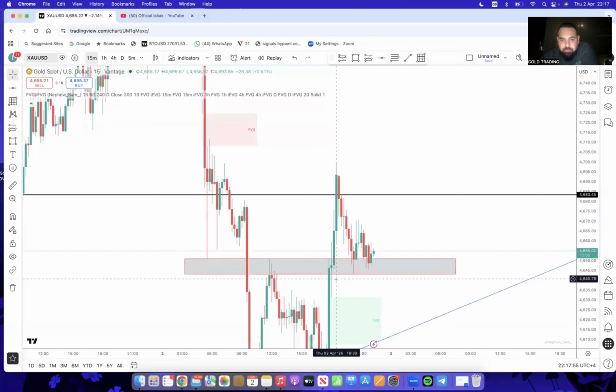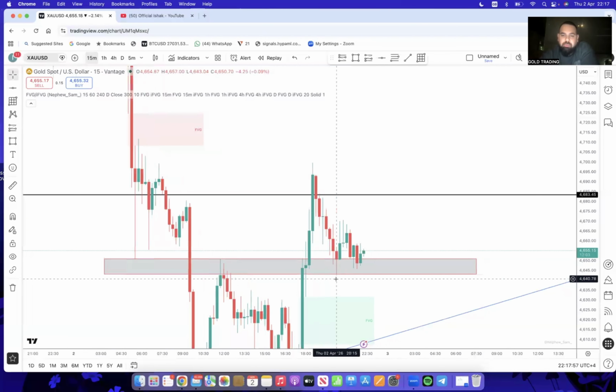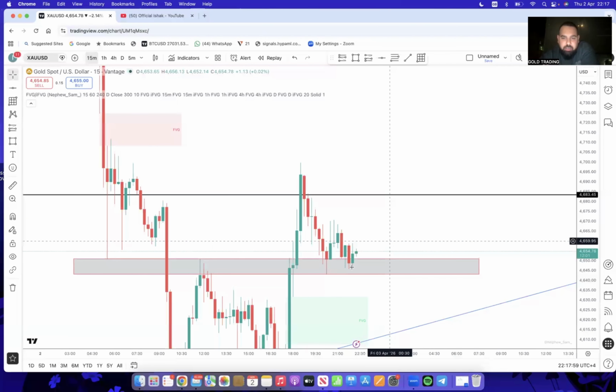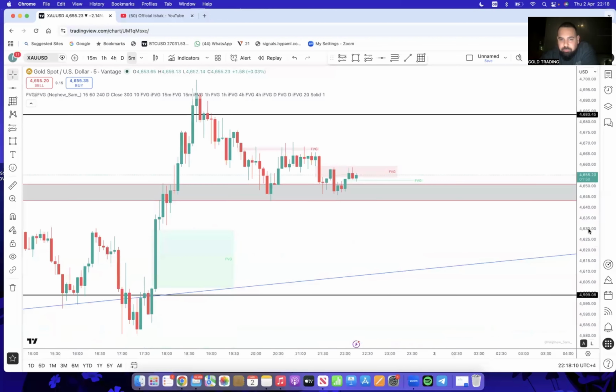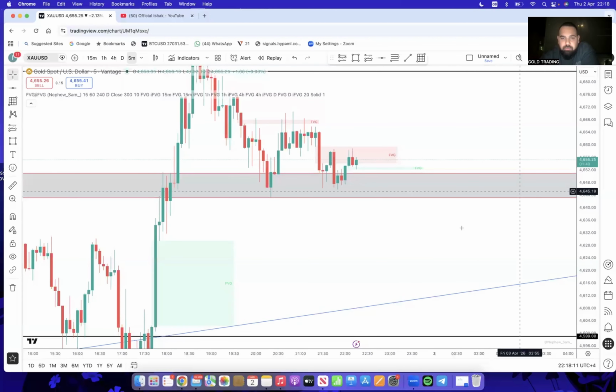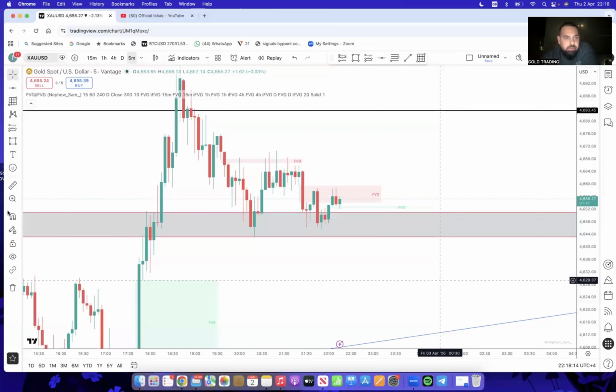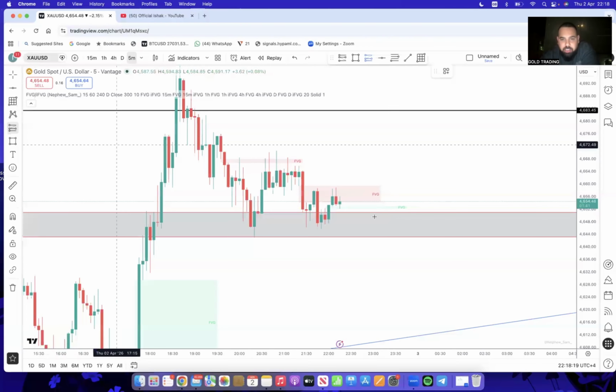Now, the 5-minute closed here. This would have been the perfect entry. Okay, here on this line here. So let me go back to 5 minutes and see what I would expect. So I need the long position.